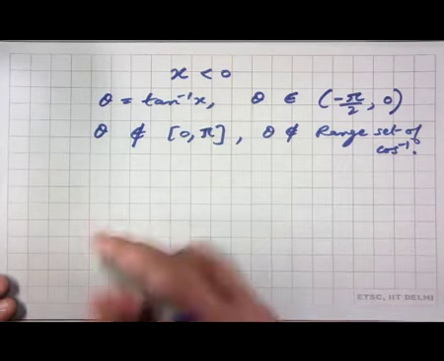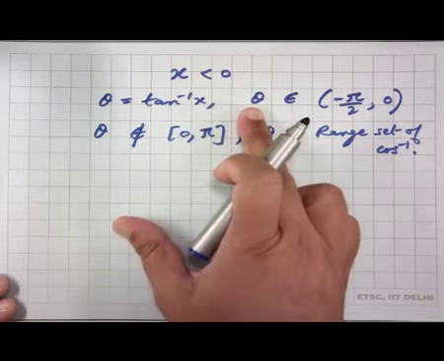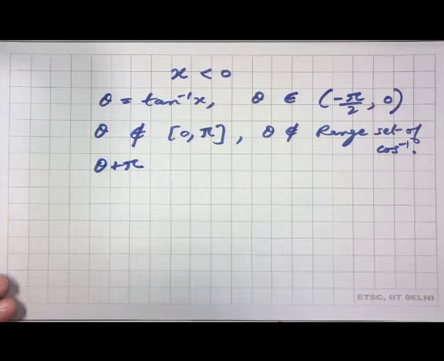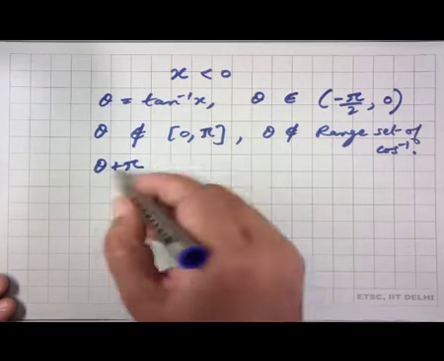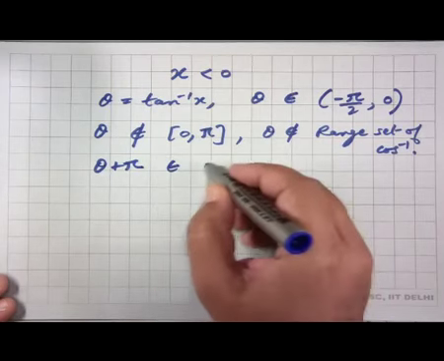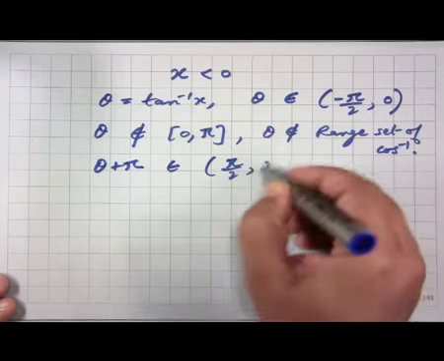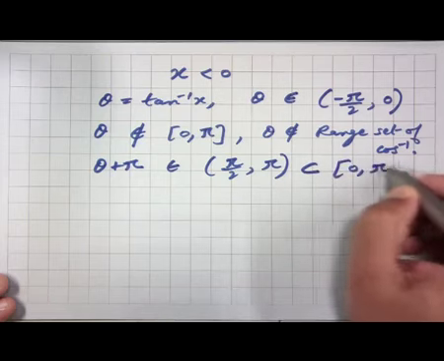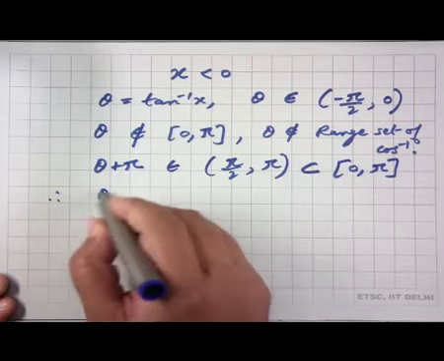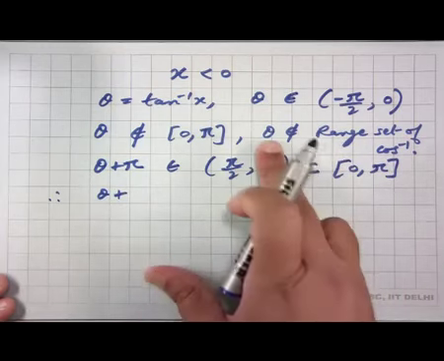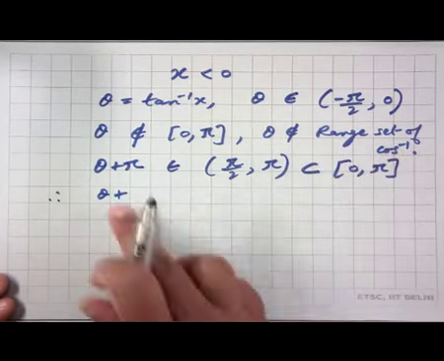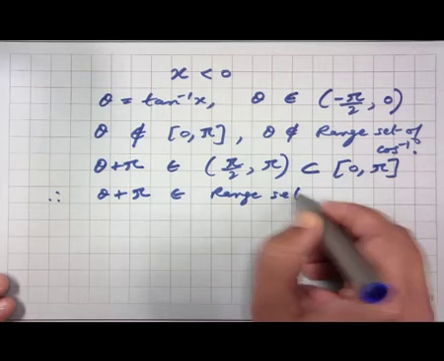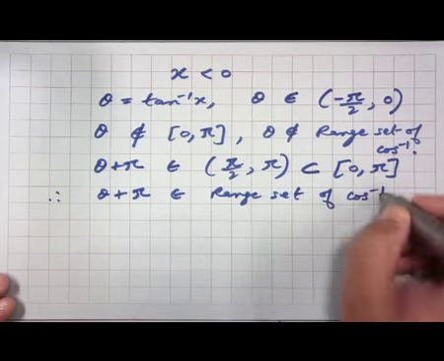So, if we increase theta by pi, if we consider theta plus pi, first of all what we see is that if theta belongs to this set, then theta plus pi is going to belong to pi by 2 to pi, and this set is obviously a subset of the range set of cos inverse. Although theta did not belong to the range set of cos inverse, theta plus pi will.